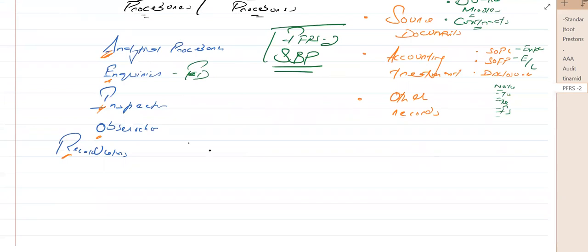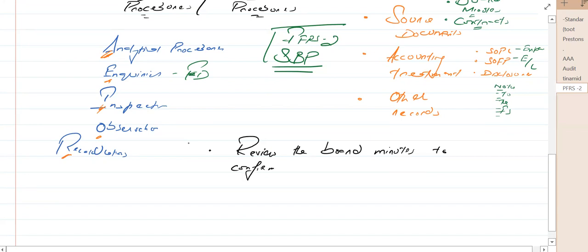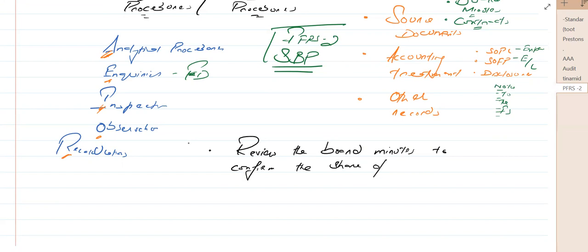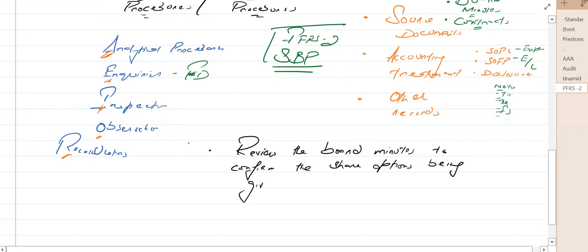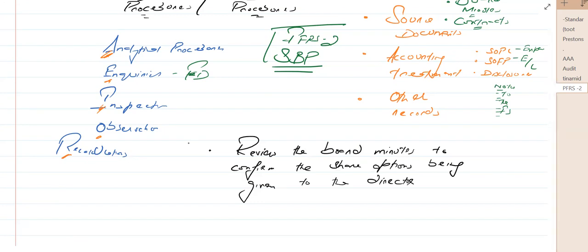So say, for example, let me write: review the board minutes to confirm the share options being given to the directors or whatever the employees. Just make sure that you are writing what is relevant as per the exam.